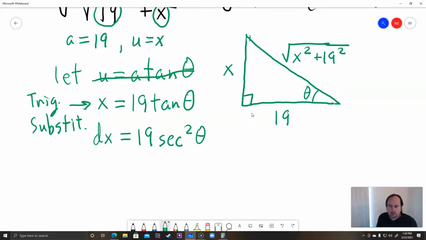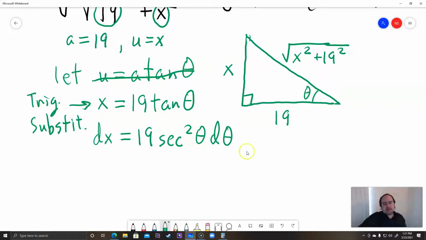So what we're actually calculating here is dx/d theta. That's really what we're doing. But if you use the chain rule here, you just get d theta. So I had it on this side, but we want to really move it to the other side. So we've got dx equals 19 secant squared of theta d theta.